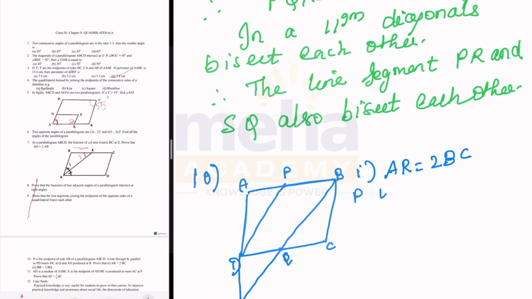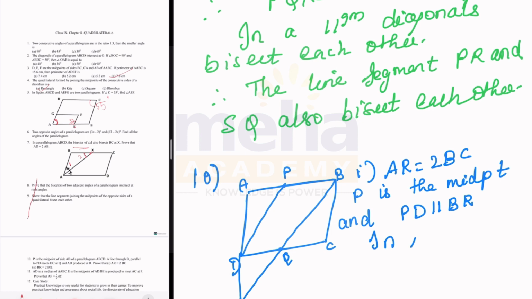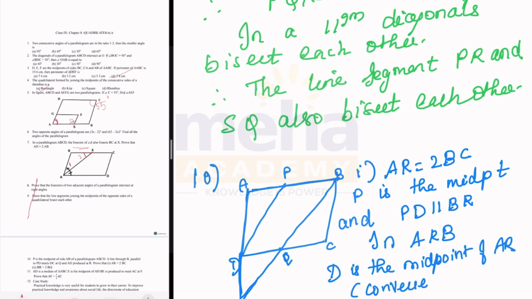We know that P is the midpoint, and we also know that PD is parallel to BR. That is what is given in the question. So in triangle ARB, D is the midpoint of AR, because of the converse of the midpoint theorem. Because P is the midpoint, D also will be the midpoint.